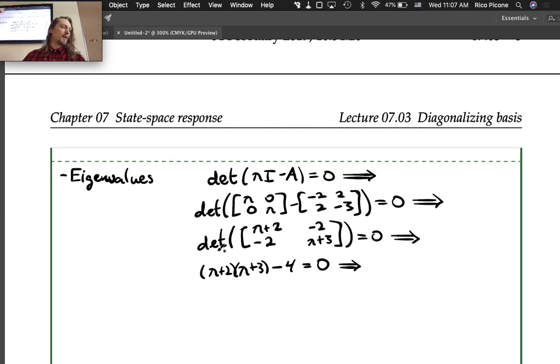Simplifying that into a polynomial and solving, we get lambda 1 and lambda 2 being equal to, I actually wrote out decimals, so that's what I'm going with here, negative 4.56 and negative 0.438.